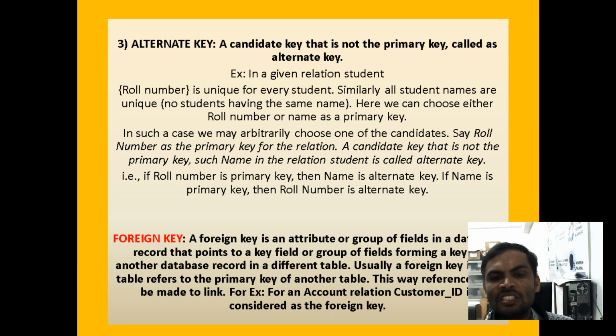If roll number is the primary key, name is an alternate key. If you are not defining the student name as a primary key, then at that time we can consider it an alternate key.